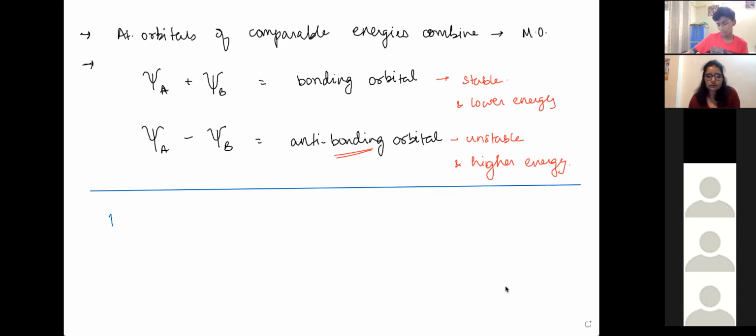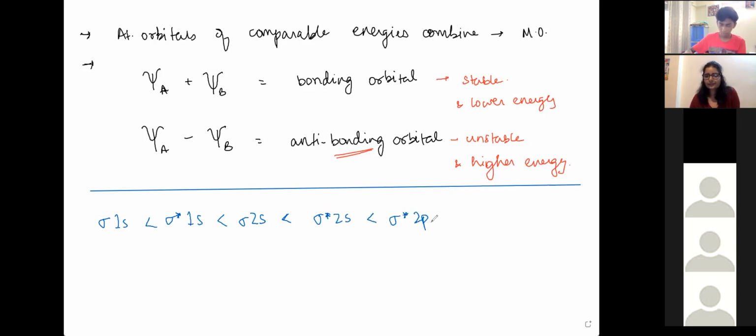Yes. So first we start off with sigma 1s, followed by anti-bonding sigma star 1s. Then sigma 2s, then sigma star 2s, and after that sigma 2p.